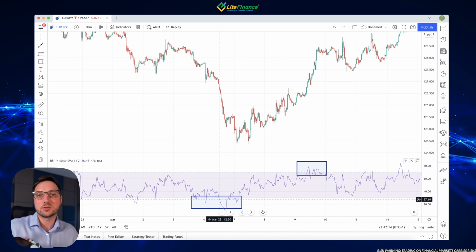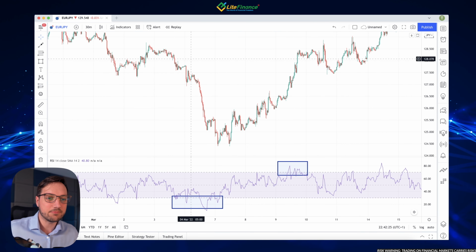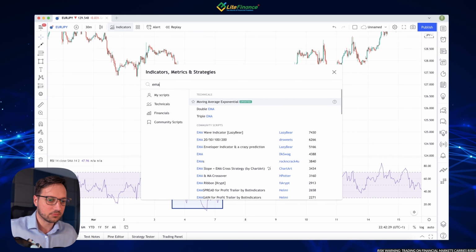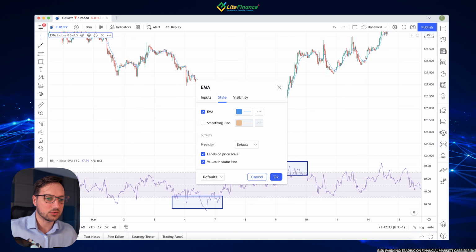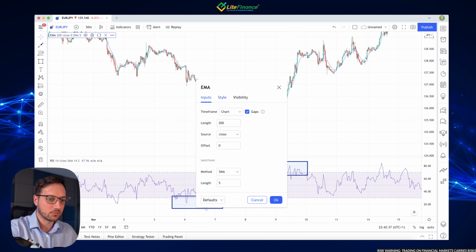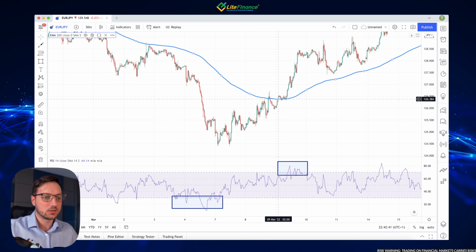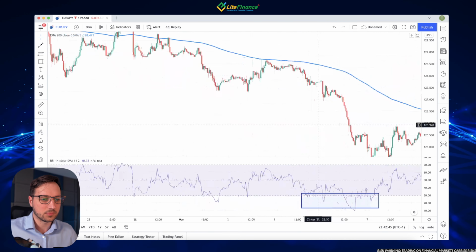So if you would like to conduct some strategy based on that, we would most likely add the 200 period moving average. So we have the EMA, let's change it to 200. Change the style to make it thicker, better visible. Okay, so a typical strategy would go like this.